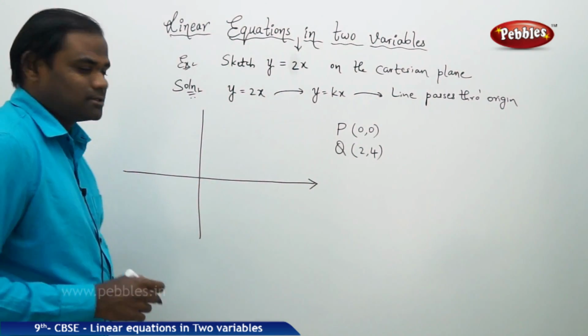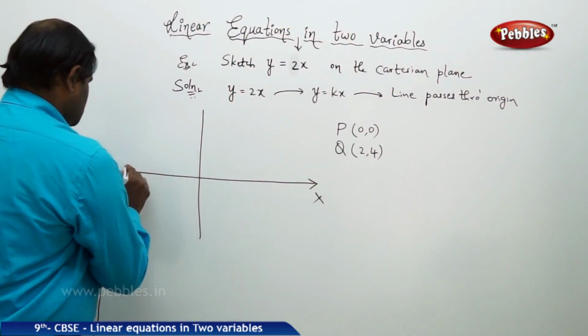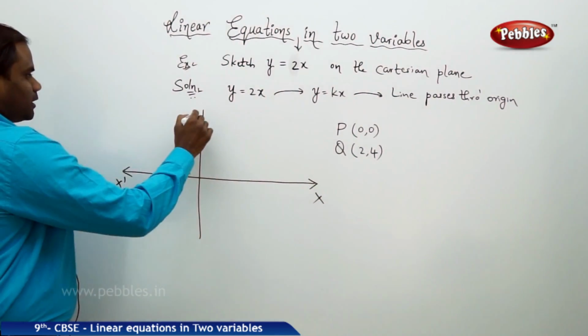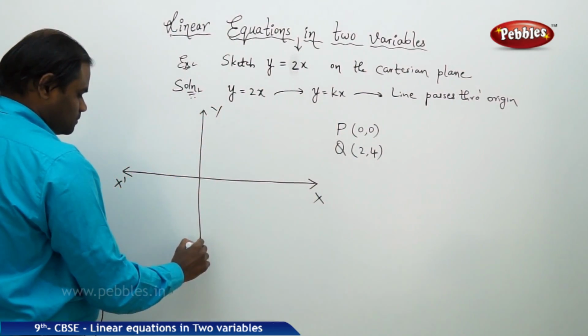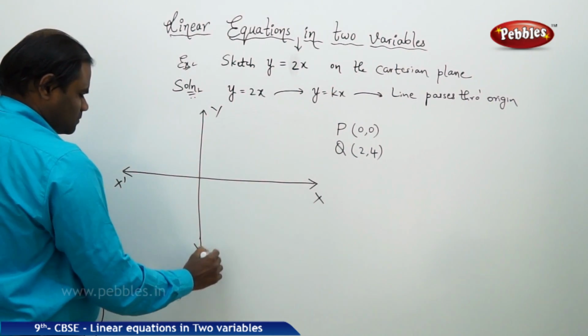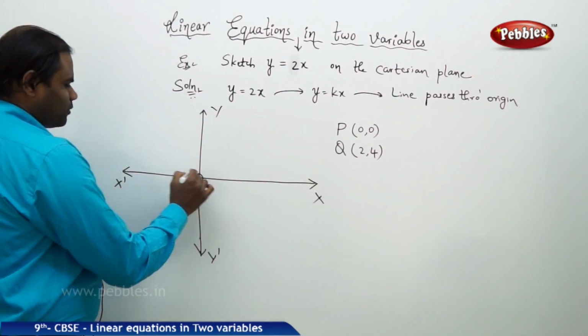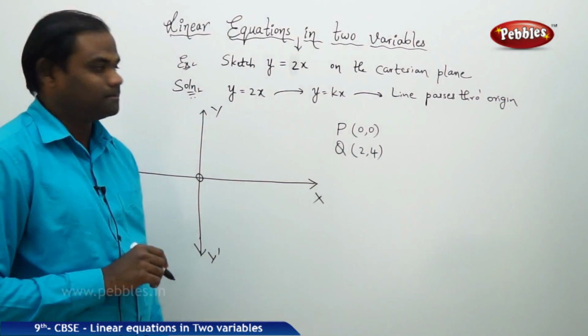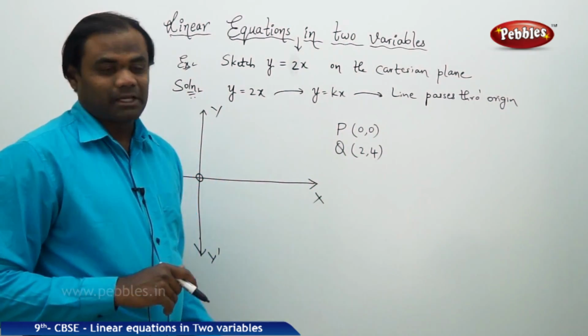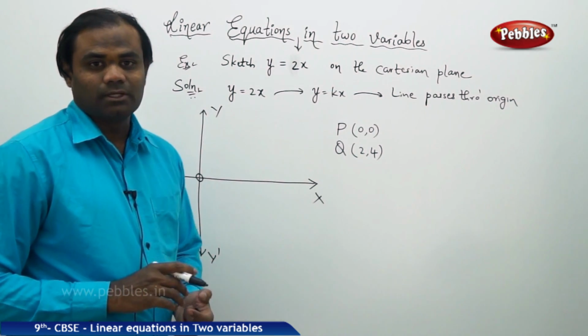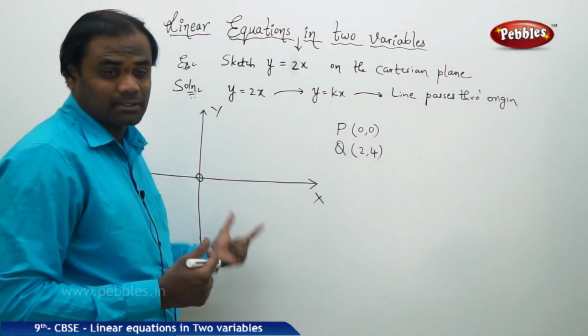The horizontal axis is the x-axis, the vertical axis is the y-axis, and the point of intersection is the origin. Clearly, let me first make a scale of 1 centimeter equals 1 unit on the x-axis.